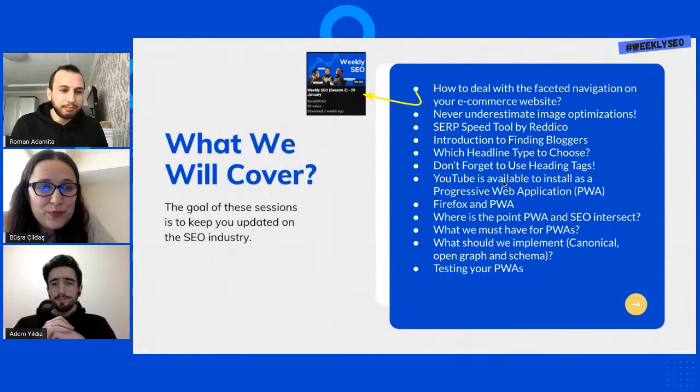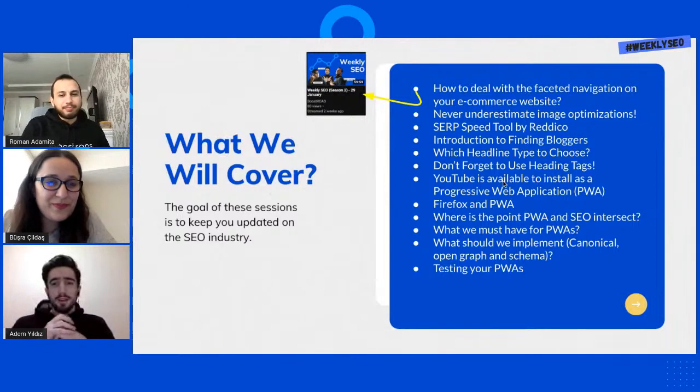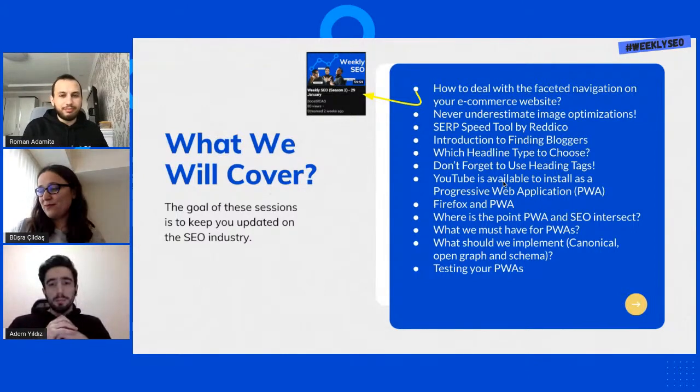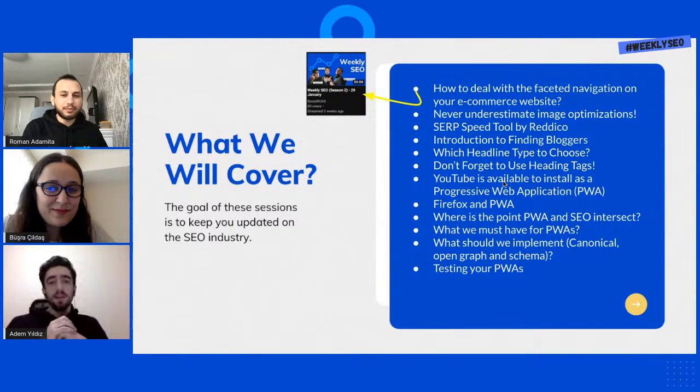That's some news from 3 weeks ago. And where progressive web apps and SEO intersect, what we must have for progressive web apps, and what we should implement, such as canonical, Open Graph, and schema, and testing your PWAs.